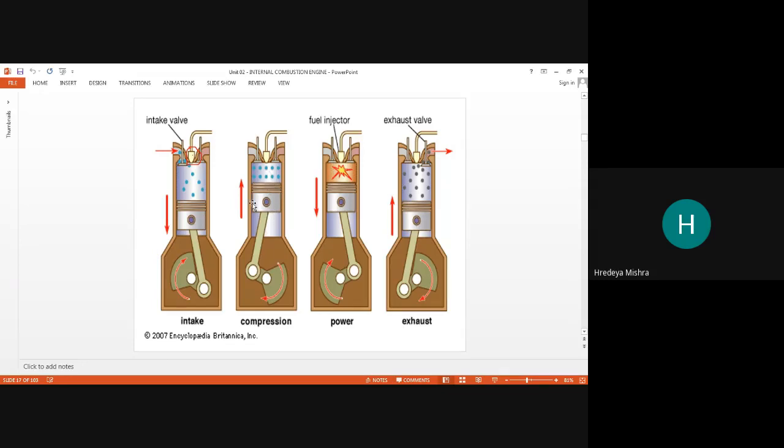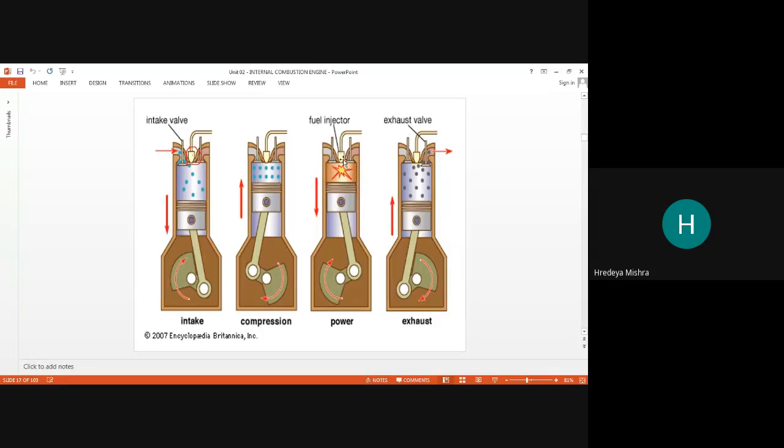The intake valve and exhaust valve are closed in this position, and before the piston reaches the TDC, top dead center, fuel is sent through the nozzle.